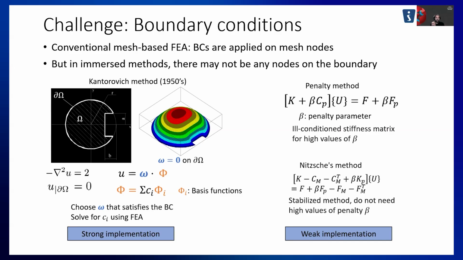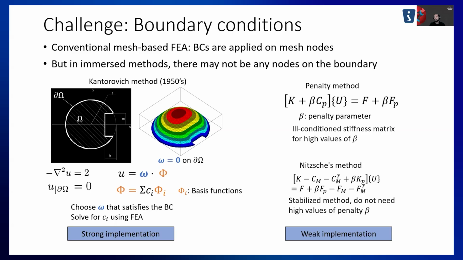Now, there's an alternate set of methods. Let's call it a weak implementation. In weak implementation, what people do is they penalize any deviation from this boundary condition. So they take this boundary condition and any deviations about it, they penalize it with, let's call beta, the penalty parameter.